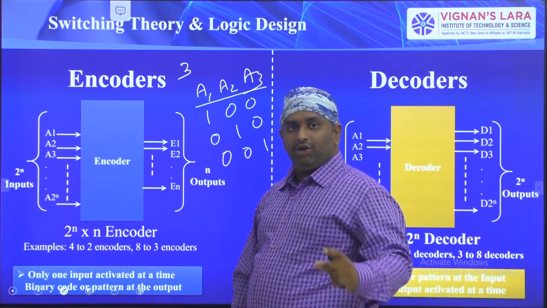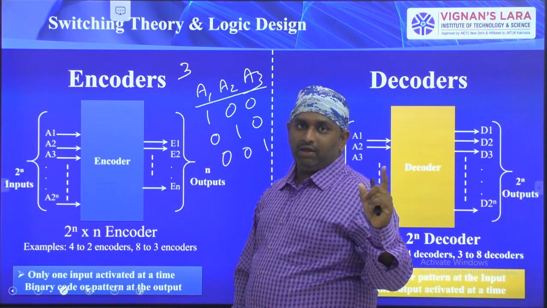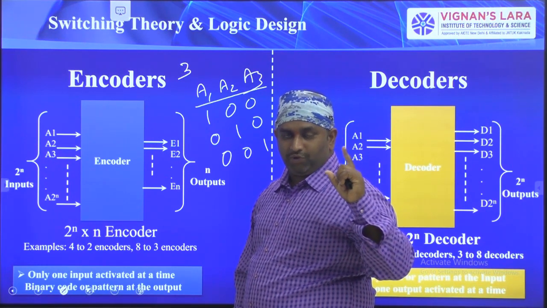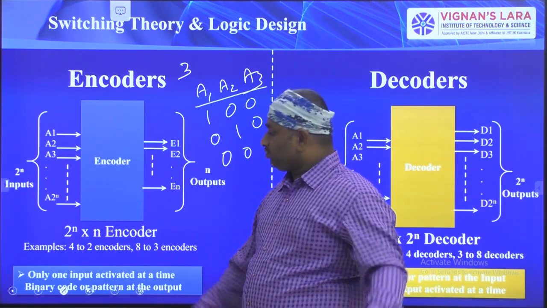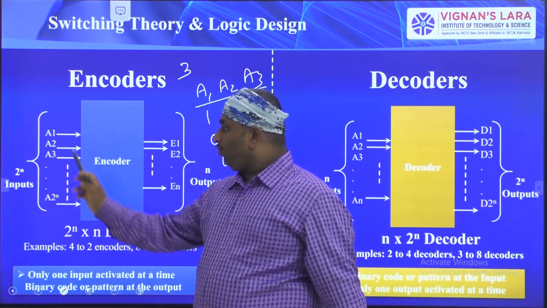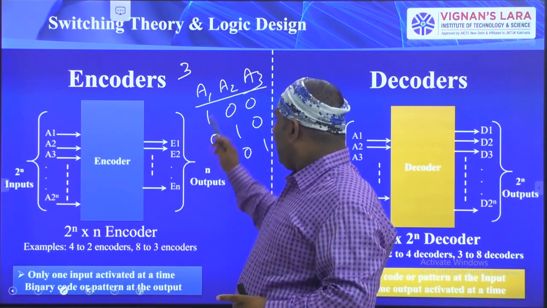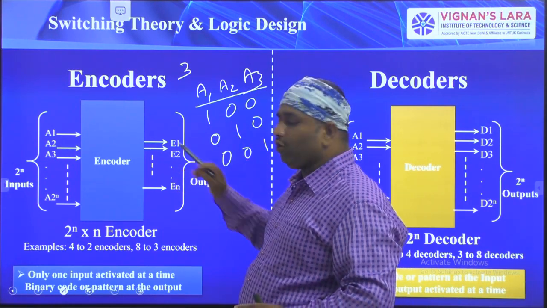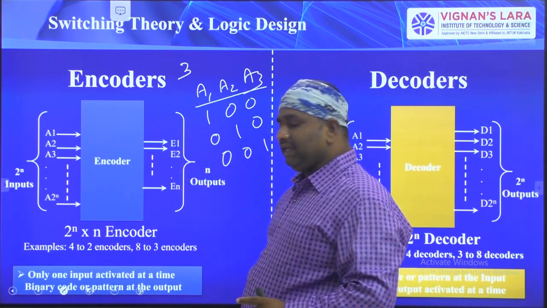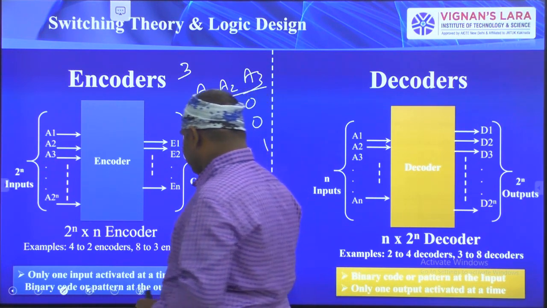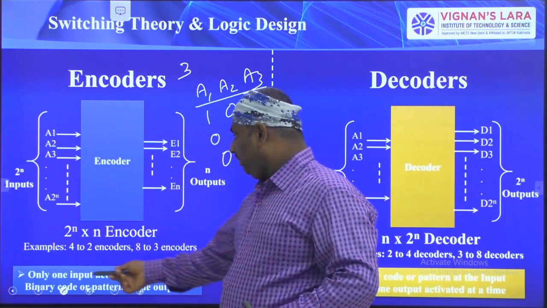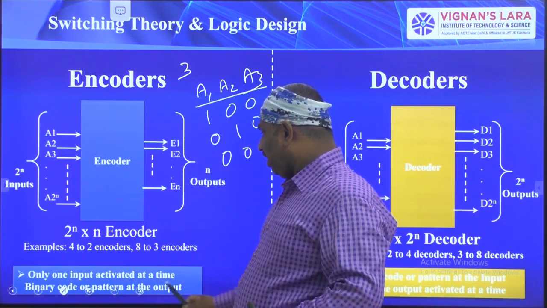So these are the input combinations. Any one of the inputs will be activated, so at any time only one input is activated. And how that is represented at the output, how the E1, E2, En signals are represented, we will see. It is activated as a binary code or pattern at the output.